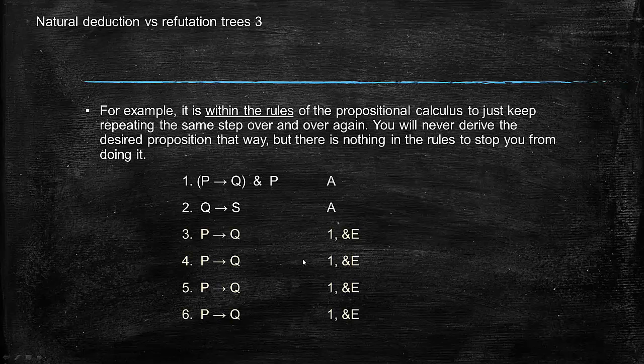It doesn't slap you and say, stop that, that's stupid. It is stupid, but there isn't any rule that prevents it. And so no one would do this unless you're insane, but you might do other things that are just totally unproductive, and they're fine. They're just unproductive, but they're not against the rules. They're just not getting you anywhere. So that doesn't happen in the refutation tree system.